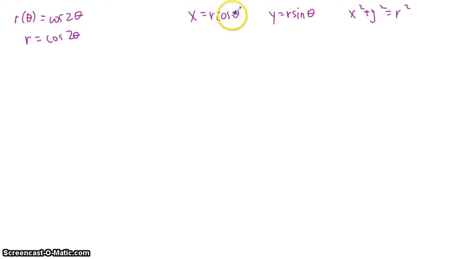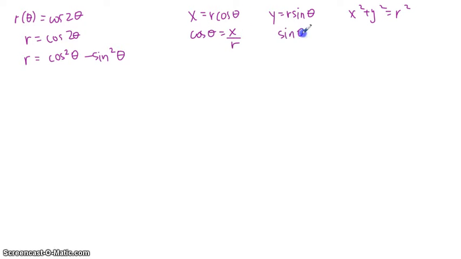Cosine of 2 theta, it doesn't look like I have anything very readily available. So I'm going to use the trig identity to change it into cosine squared theta minus sine squared theta. Now it looks like I have a cosine theta and a sine theta and an r. So cosine theta I can solve for here, I get x over r.